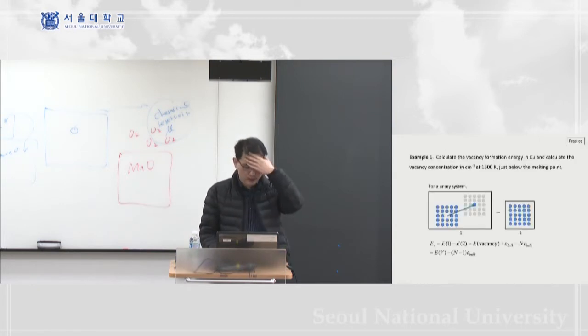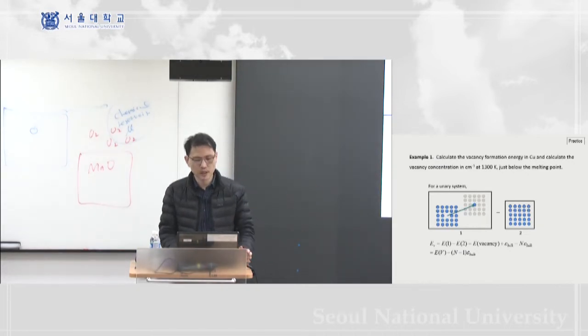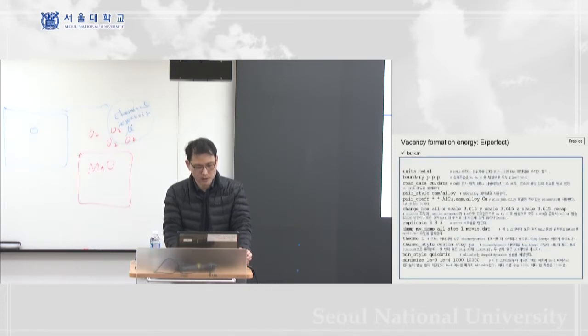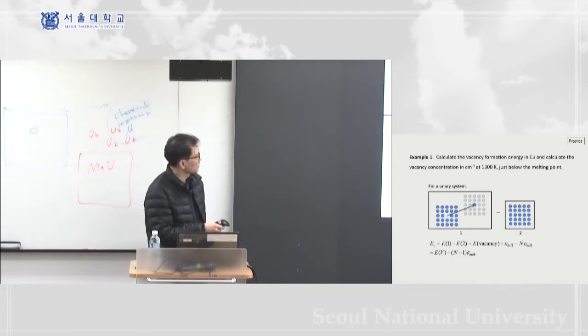All right, and during this hands-on section, you will calculate the vacancy formation energy in copper, right? And for the unary system, it is reasonable to assume that those vacant atoms go to another crystalline site.